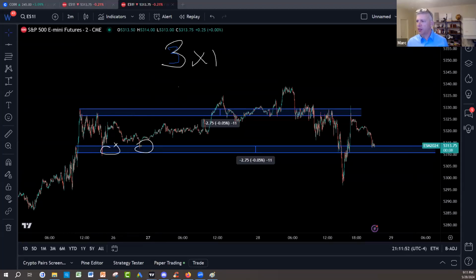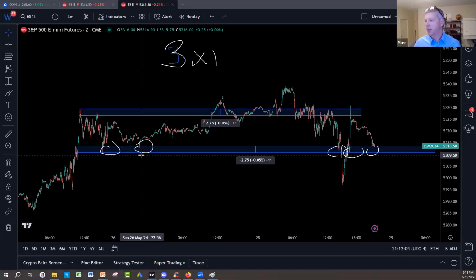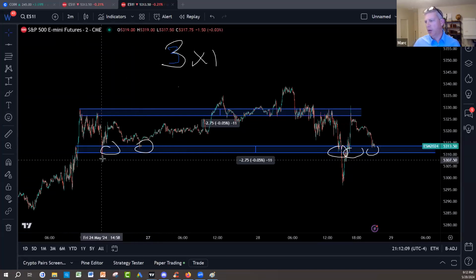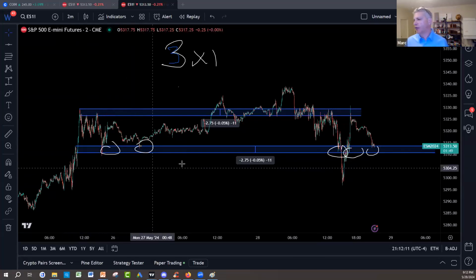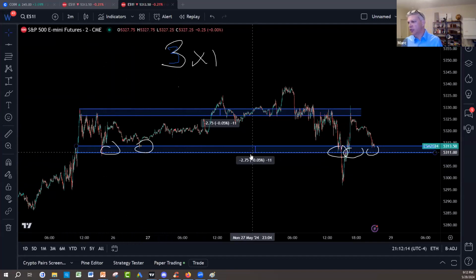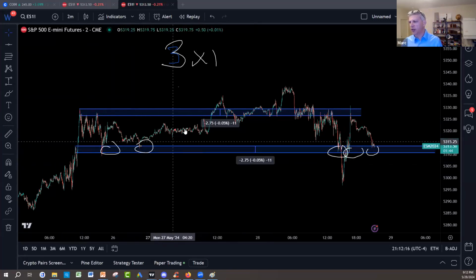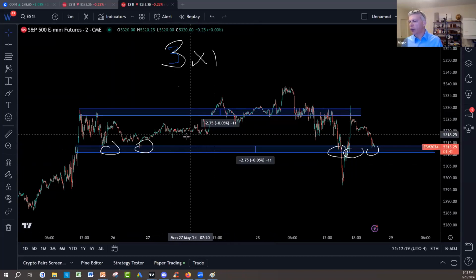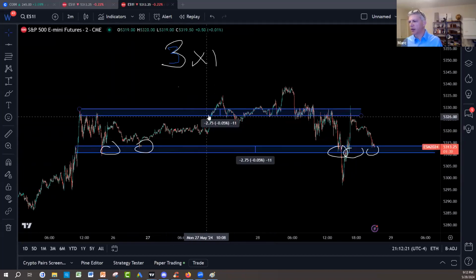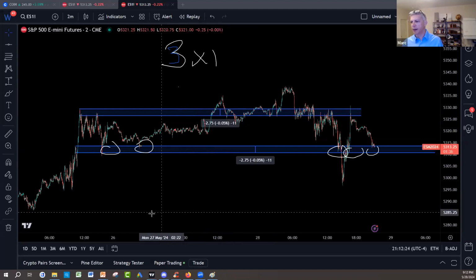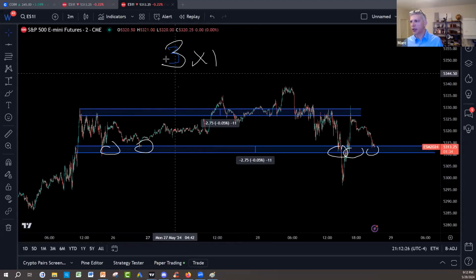So if this is a supply zone, a demand zone, you want to make sure that if you are going to trade at 530, if you risk 1, so let's say the stop loss should be at the bottom of here, which is roughly at 0.9, so 4 points. If you are going to risk these 4 points, you need to make sure that you have 12 points on the upside, which is not easy on ES. It's not easy on ES, guys, to do that.